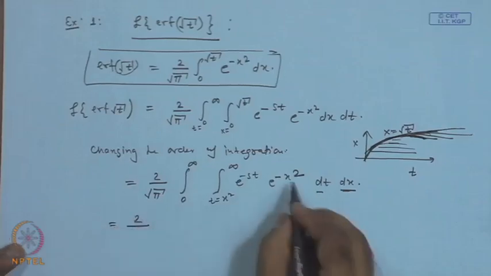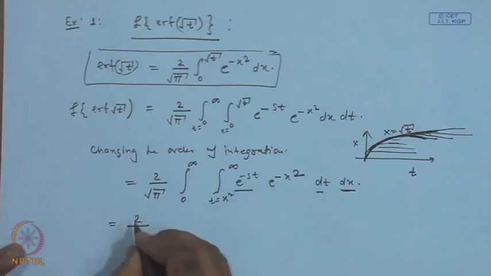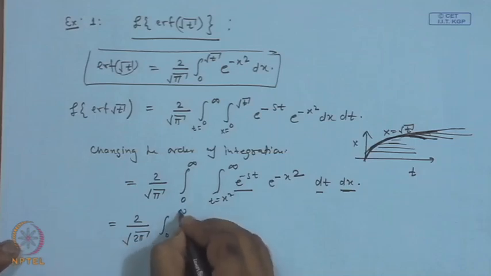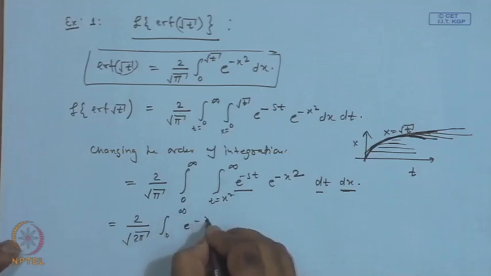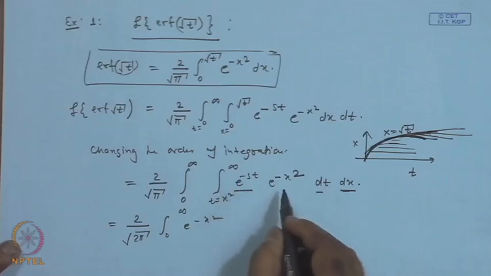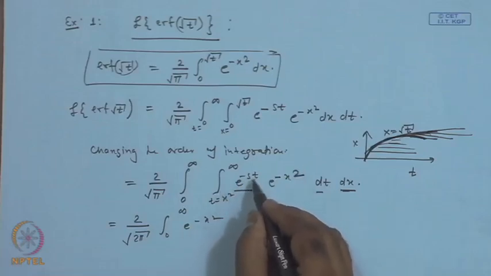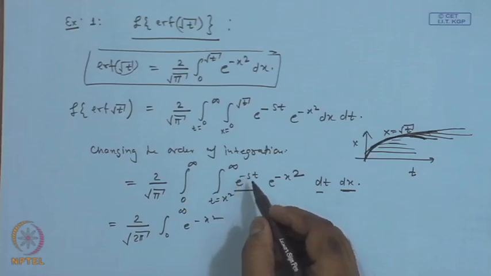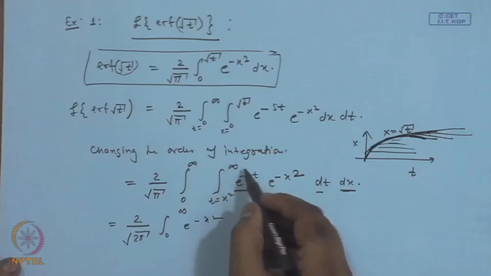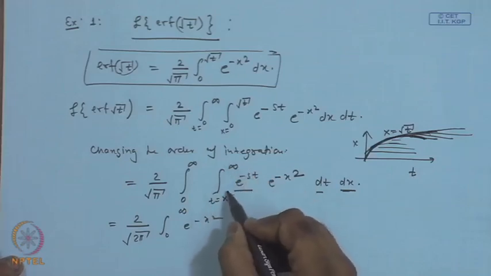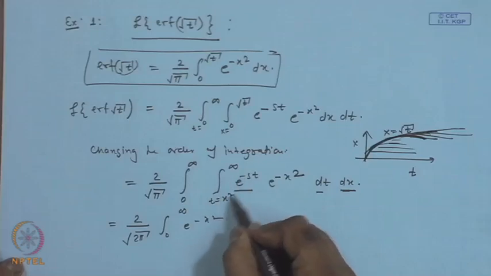Now we can integrate the inner integral of e power minus s t. So, from 0 to infinity, e power minus x square we take as it is, and the integral of e power minus s t is e power minus s t over minus s, and as t approaches infinity this will be 0. So, we have minus minus plus, and t is now x square.